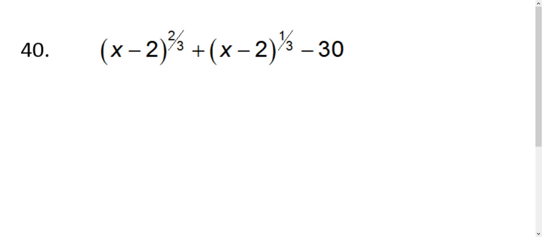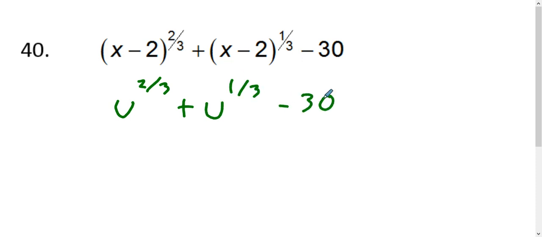Again, we have parentheses. I would change those to U's to make this a little bit easier. So now we have clearly a trinomial, which we're going to factor to be 2 parentheses. There's no leading coefficient, so the numbers that we're going to fill in have to multiply to be negative 30 and add to be positive 1.